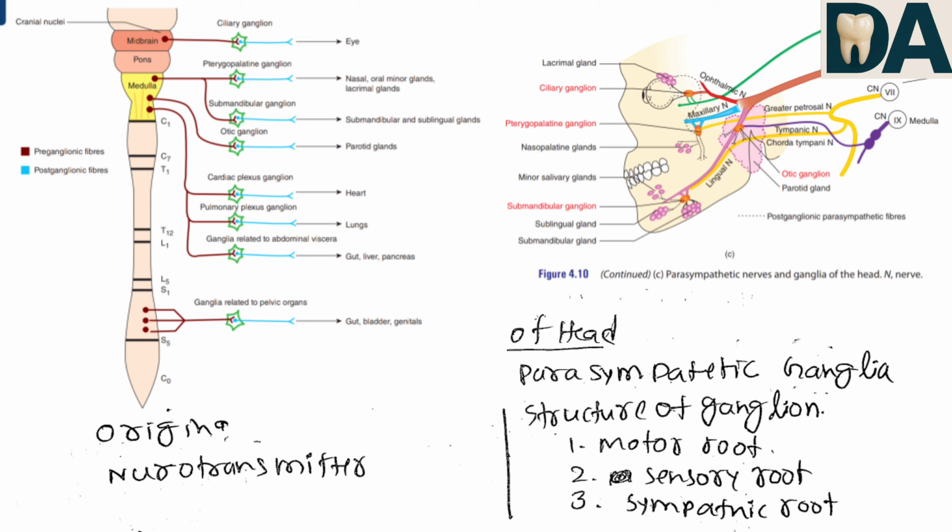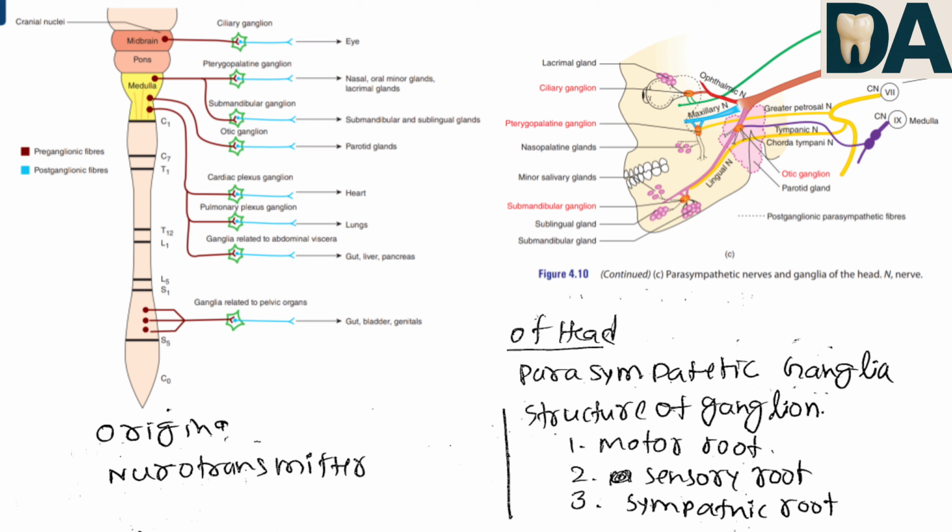The parasympathetic ganglia of the head and neck region, however, are an exception to this. 4 pairs of ganglia supply all the essential parasympathetic innervation to the head and neck area.